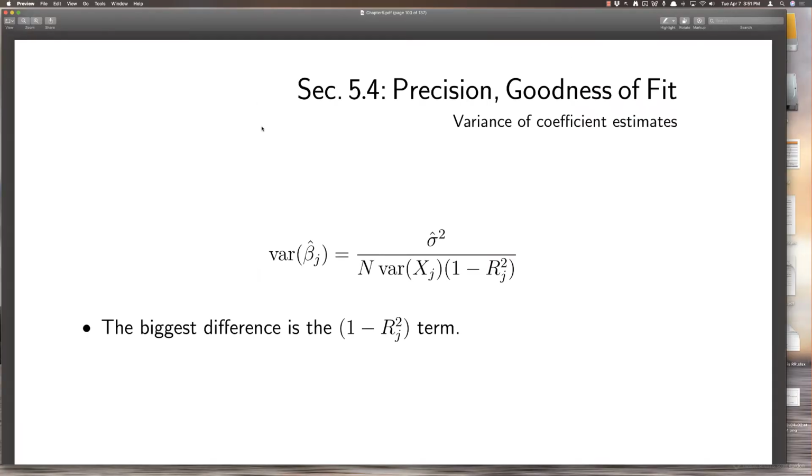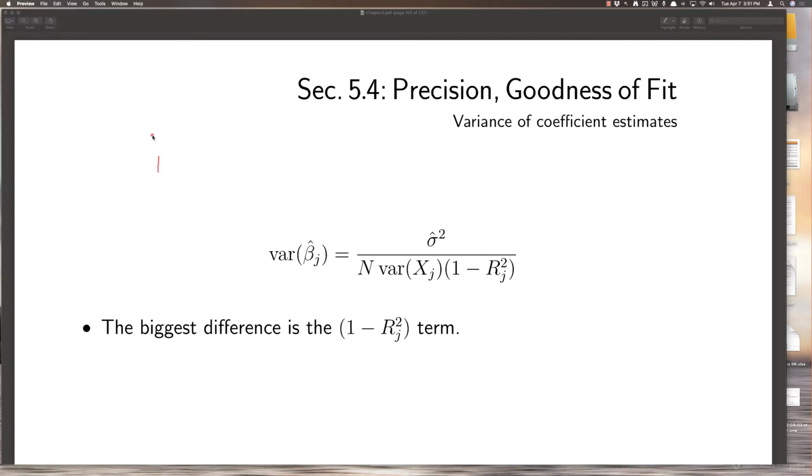So what is going on here with this 1 minus r squared j? All right. Well, this is an r squared, much like the r squared we already know. In other words, it's the amount of the variance in the left-hand side variable that the right-hand side of the model explains. We called this the goodness of fit before, that r squared.